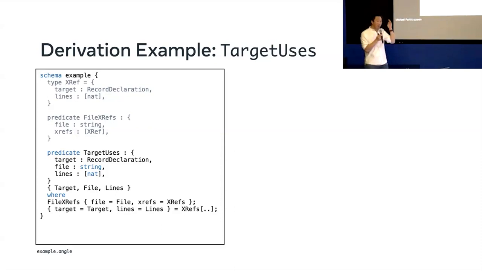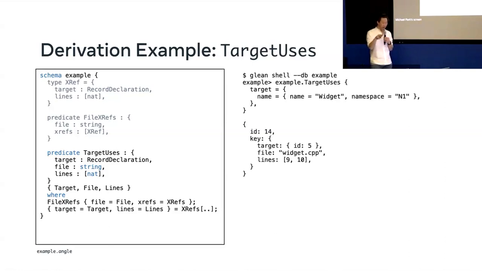We're going to iterate over the instances of file xrefs that we have, and we're going to bind file and xrefs like before. And then we're going to iterate over the xrefs, and we're going to flip the order of this. So the target, even though it's on the other side of xrefs, we're going to pull it to the front, right? And we're going to collect over all of that.